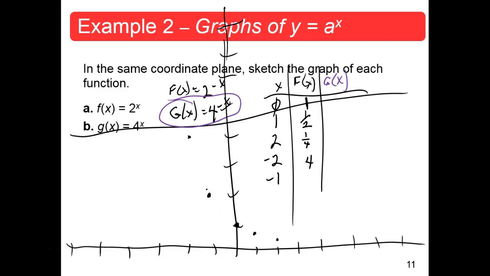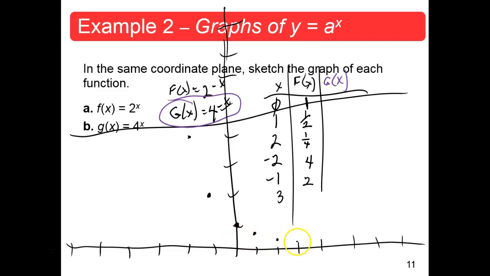All right. Give me another x. 3. Okay. When x is 3, what is alpha of x? 2 to the negative 3. 1/8.